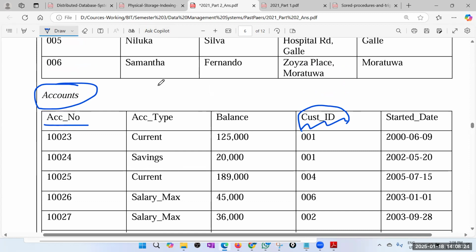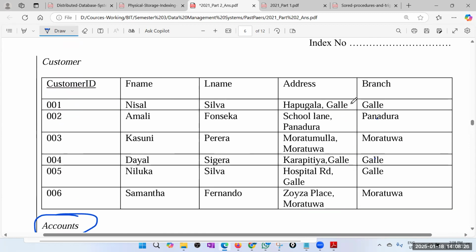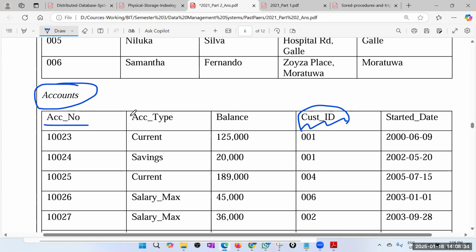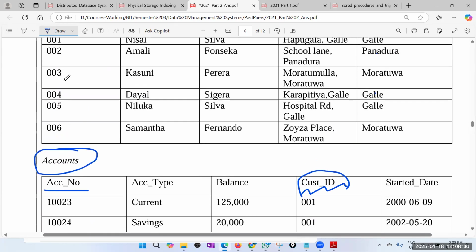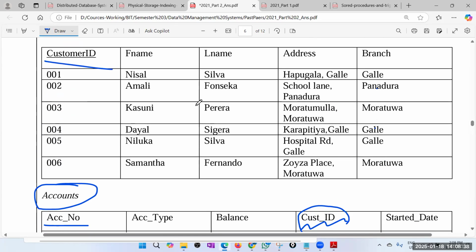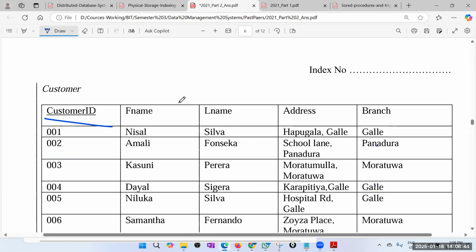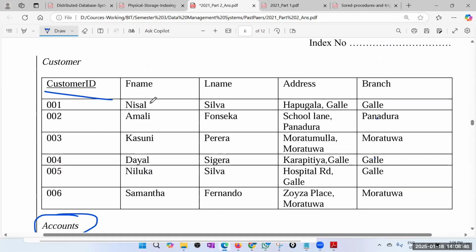So get the customer IDs in a particular branch, then you join that to this table using the customer ID field. Before joining on the customer ID field, you need to take from the customer table only those related to that branch. You have to write that for every branch.